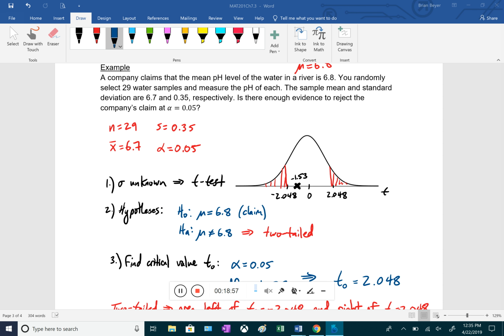So now for writing the conclusion in terms of the problem. So we can say since we failed to reject it, we would say there's not enough evidence at the 5% level of significance to reject the claim because the claim was the null. So there's not enough evidence to reject the claim, and then we say it in words, to reject the claim that the mean pH level is 6.8.